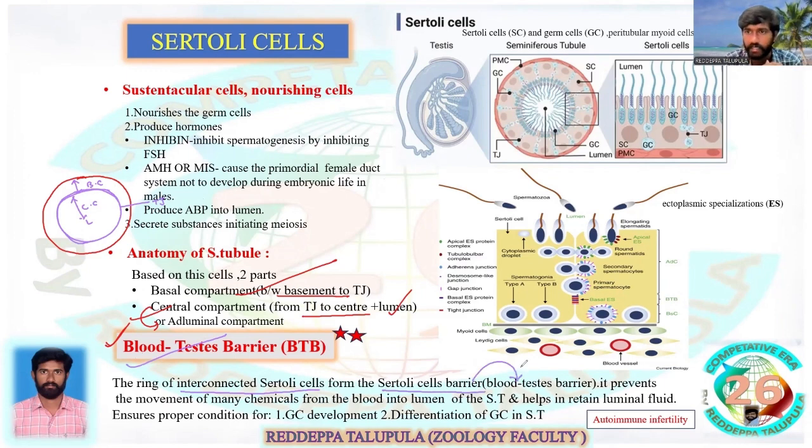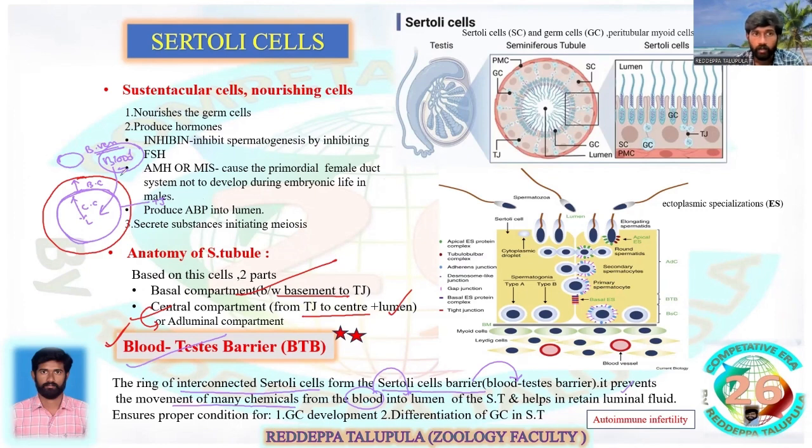What is the significance of this blood testis barrier? It prevents the movement of many chemicals from blood into the lumen. There will be blood vessels outside, and these blood vessels carry blood. Blood contains many chemicals like blood clotting factors and proteins. Those are not supposed to enter the lumen.